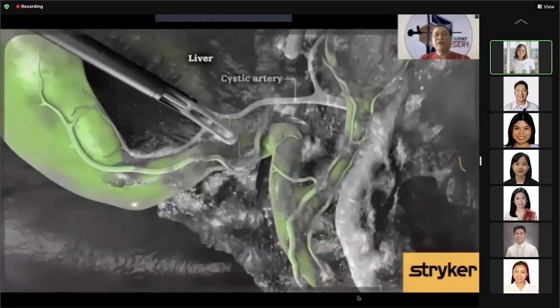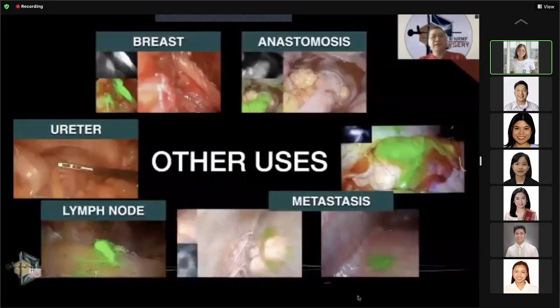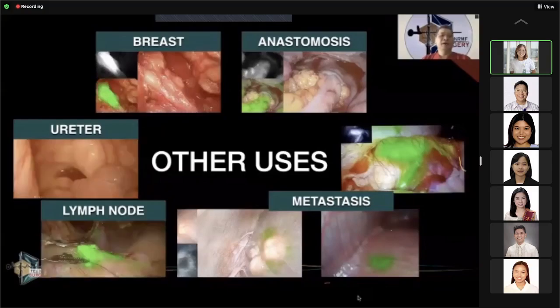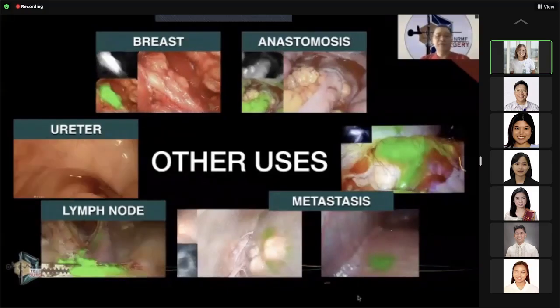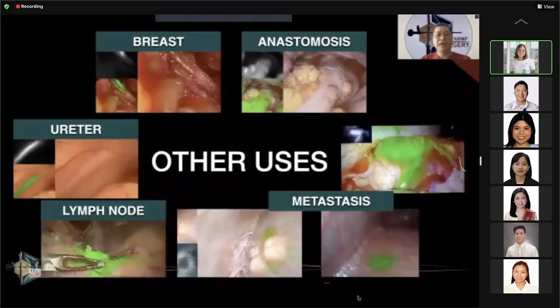So you have to avoid the bile duct because it should not be removed during cholecystectomy. Okay. So these are the other uses. It can be used for lymph node dissection, for sentinel node, for evaluating the anastomosis, and for locating the ureter, no, during a pelvic surgery. So you can see once you use that light, it illuminates. You can see the vital structures, and you can avoid them.